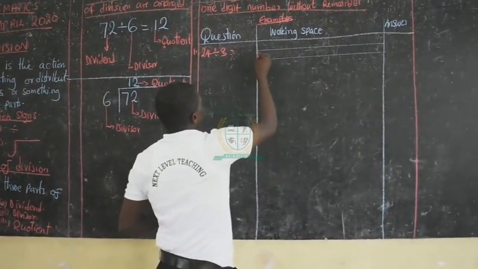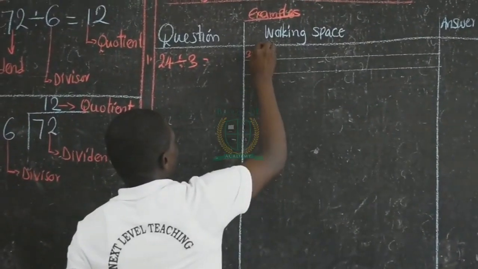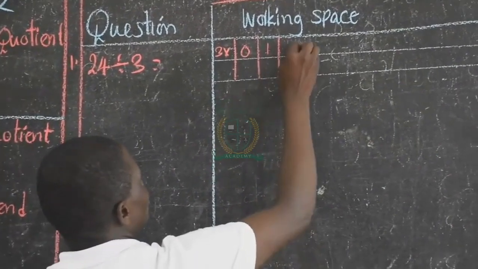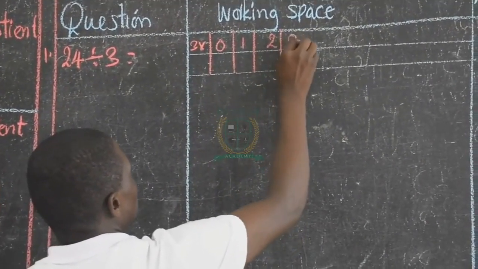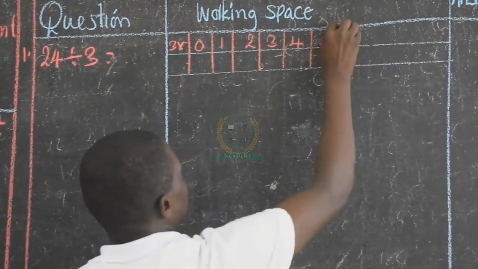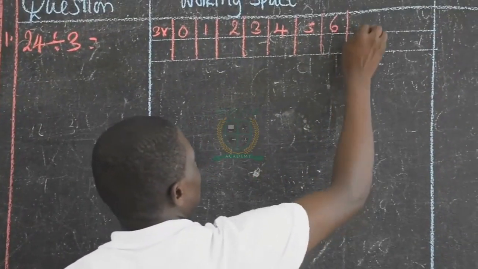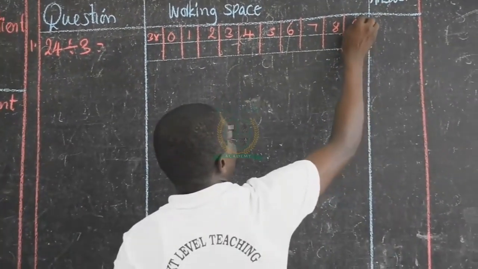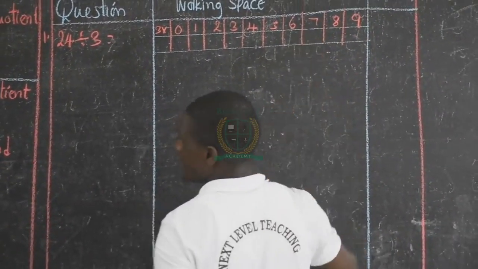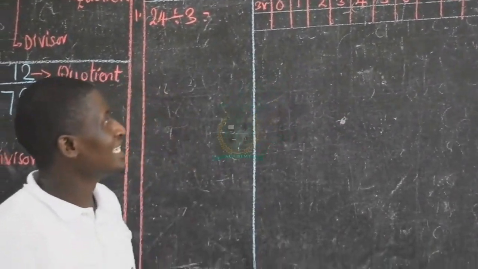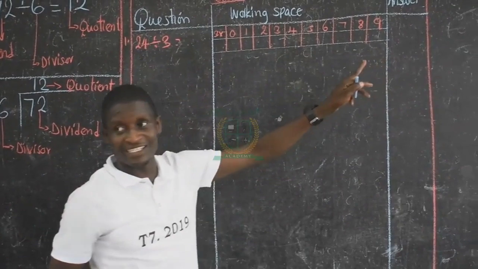Now it is table 3. 3 times 0, 1, 2, 3, 4, 5, 6, 7, 8, lastly 9. I told you that you must go from 0 up to 9. Don't go up to 10. You will get your own answers if you go to 10.